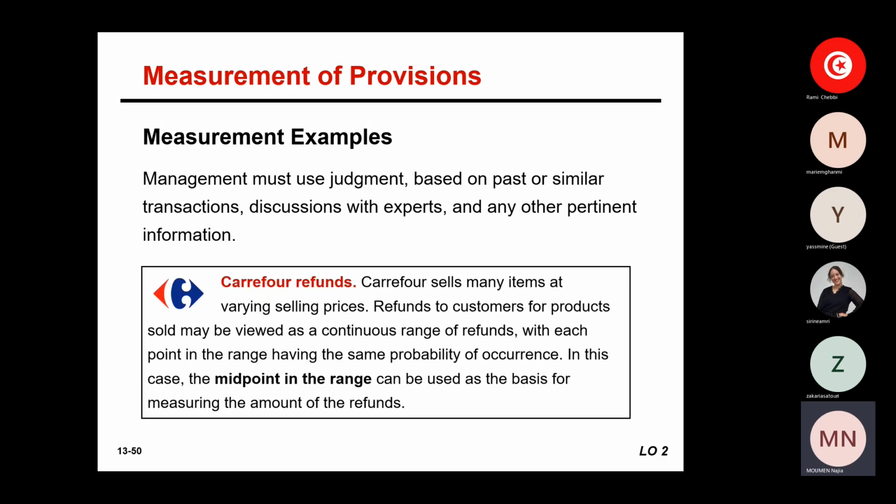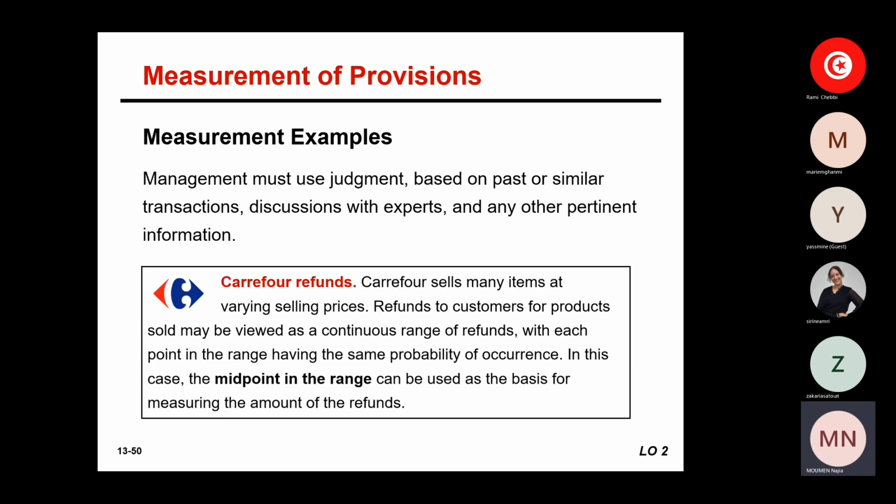Okay. Another example for Carrefour. Here Carrefour will sell many items at varying selling prices. Refunds to customers for products sold may be viewed as a continuous range of refunds, with each point in the range having the same probability of occurrence. In this case, the midpoint in the range can be used as the basis for measuring the amount of the refund.